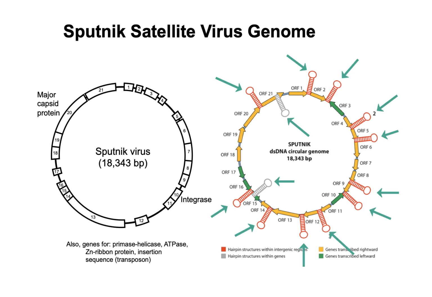Also, if you look between the genes, there appears to be quite a bit of secondary structure, mainly hairpins and loops.